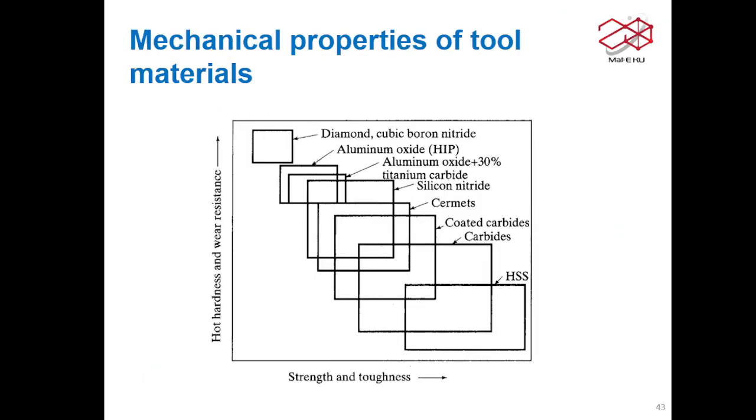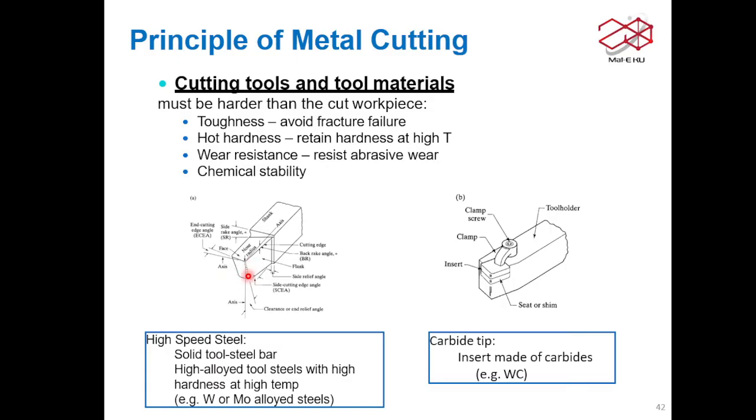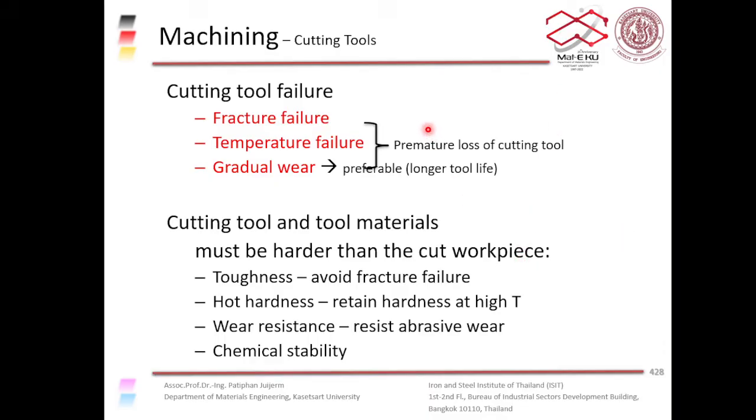In this graph, you can see that high-speed steel has good strength, but it doesn't have good hardness and wear resistance. So if you're using high-speed steel at high temperature, it will lose its strength and hardness, become softer, and be plastically deformed. You will lose the cutting edge because it is plastically deformed, so you have a premature loss of the cutting tool.